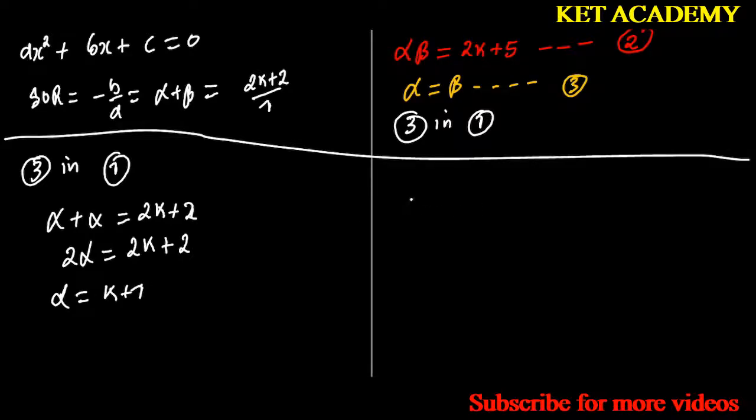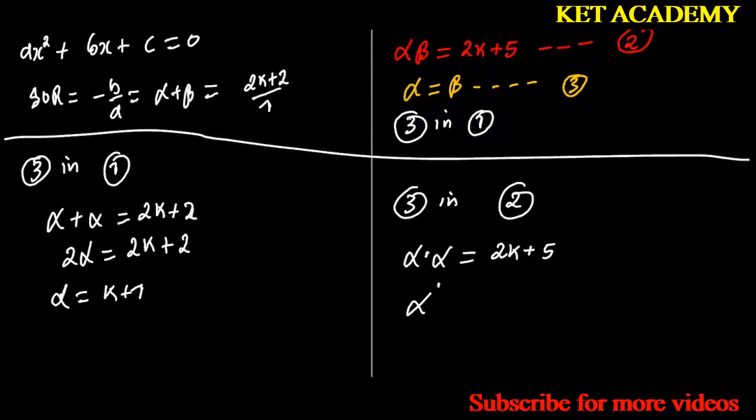Now if we take equation 3 in equation 2, we're going to have alpha times alpha equal to 2k plus 5, which means that alpha squared should be 2k plus 5.